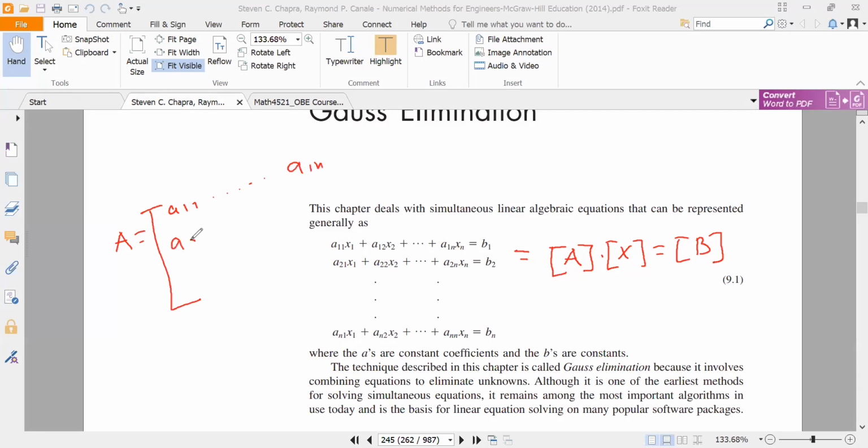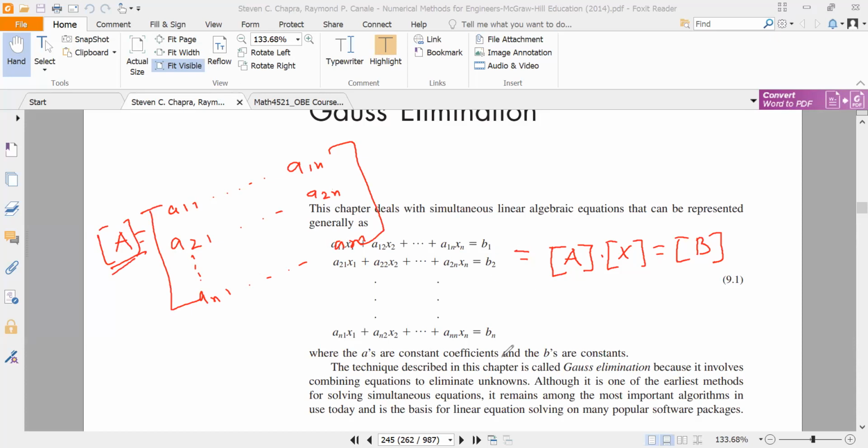Where A is a square matrix, if the number of unknowns is equal to the number of equations. Then the coefficient matrix A will be a square matrix. Is it?